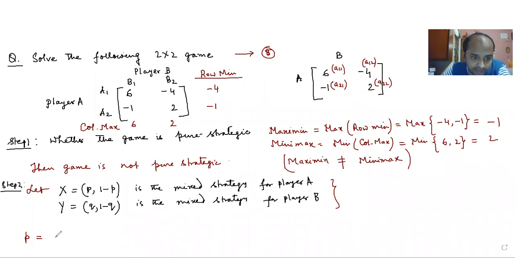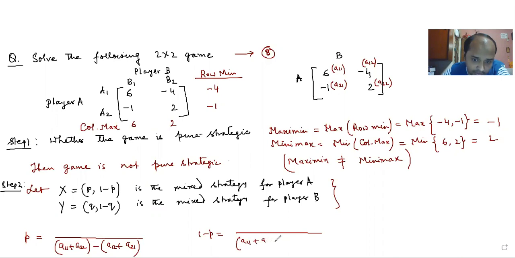So P is actually, I can recall the denominator, a11 plus a22 minus a12 plus a21, that is my P. What was my Q? 1 minus P. My 1 minus P denominator was also this, a11 plus a22 minus a12 plus a21.